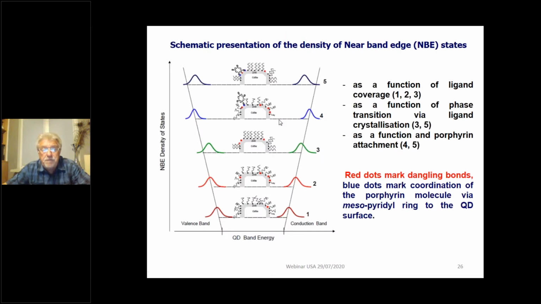Upon attachment of porphyrin molecules and temperature lowering, we have the manifestation of a few effects which influence the gap of the quantum dot and the transformation of the ordering of the capping ligands. So the temperature results have shown us that the capping layer also plays a significant role in the formation of the intermediate case for quantum dots.